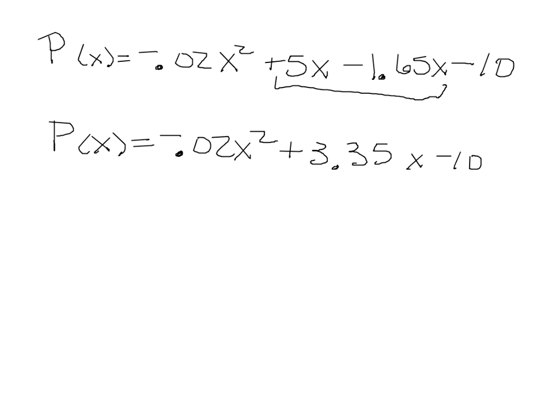So the next question, what are the break-even points? The break-even points are where your revenue equals your cost, or your profit is 0. Since we just found the profit function, let's use the profit function.